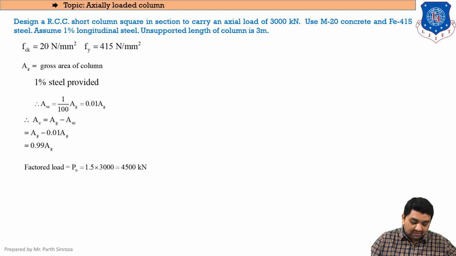Now we will be moving towards our load, but keep in mind it is mentioned in the question that it is an axial load of 3000 kN. Again the parameters will be the same. Whenever a load or moment is mentioned, you always need to see whether it is a design factored load or not. If it is a design load, factored load or ultimate load, there is no need to multiply it by the factor of safety, as we have seen in the last example.